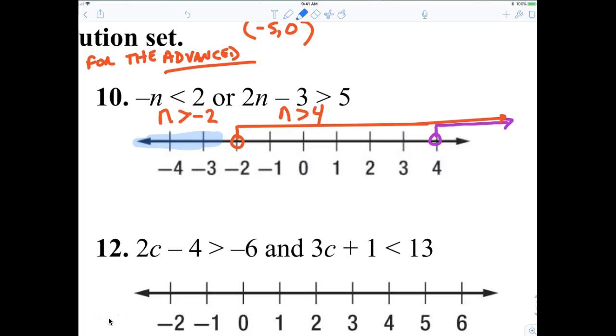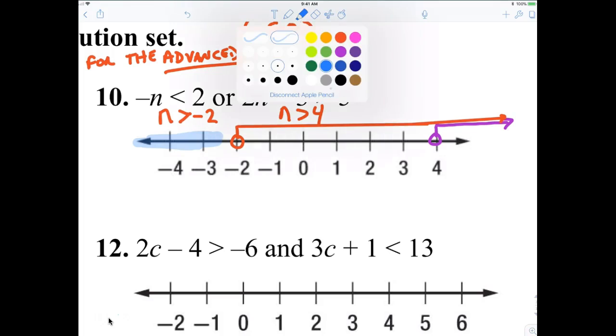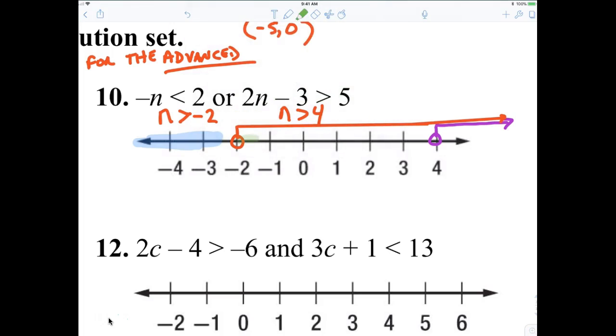All right, so now let's talk. From here to here, is that true? Yes. And why is it true? Although those numbers are not greater than 4, they are greater than -2. So would that be part of the solution? Yes.